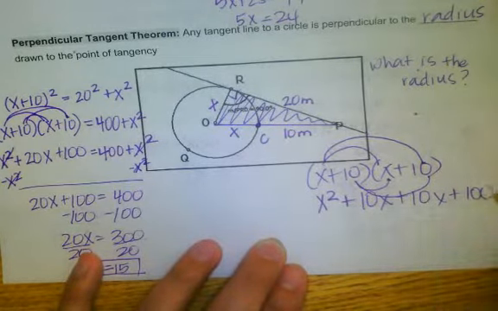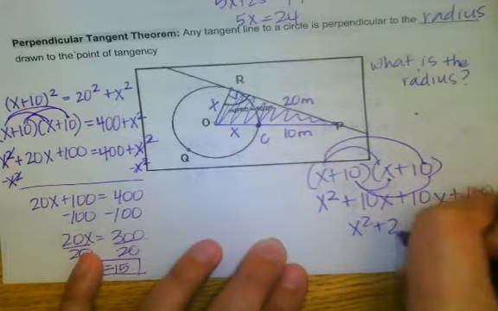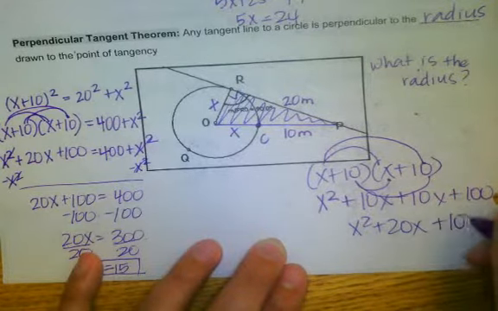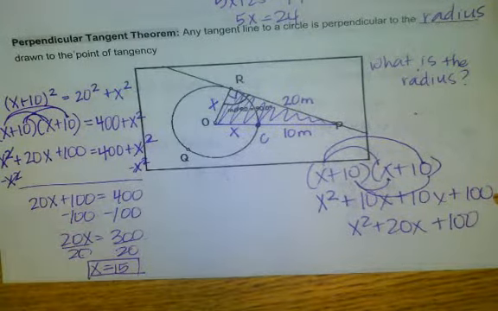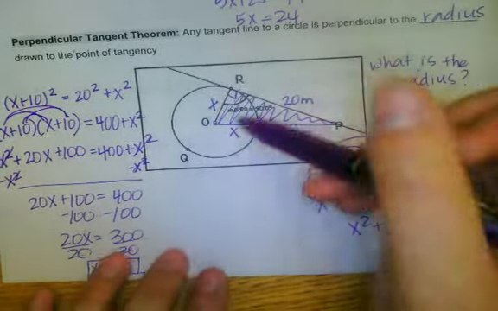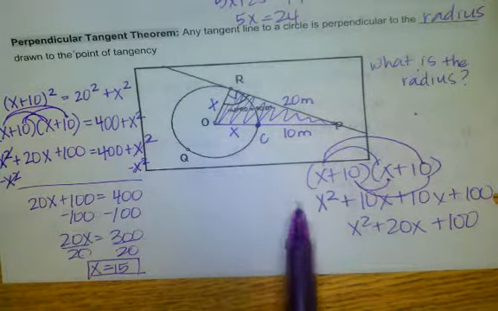And that's when you get the x squared plus 20x plus 100. Yes, Cliff? Writing that equation, can you show me where you pulled all that stuff? I don't get where x plus x squared came from. I thought it would go like 10 times 10. Oh, because you're trying to use the other theorems, but we're using the Pythagorean theorem, where a squared plus b squared equals c squared.